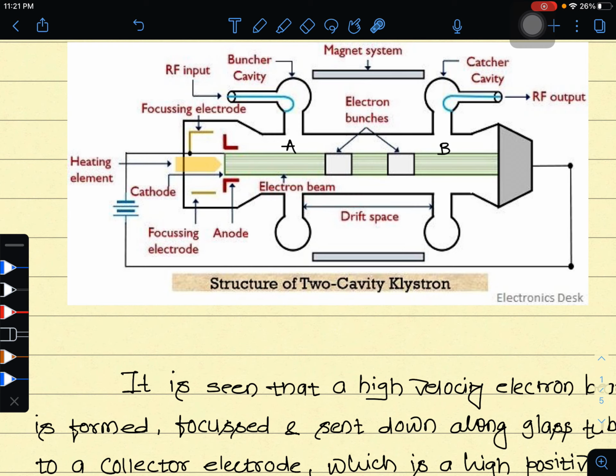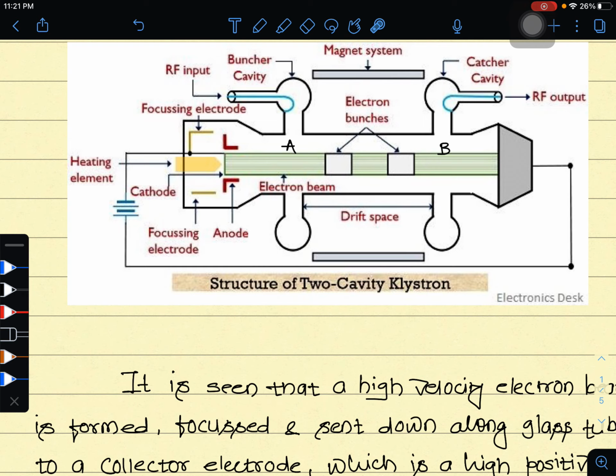When the electrons travel through this space, they are subjected to an RF potential at a frequency, and this frequency is determined by the cavity resonant frequency.